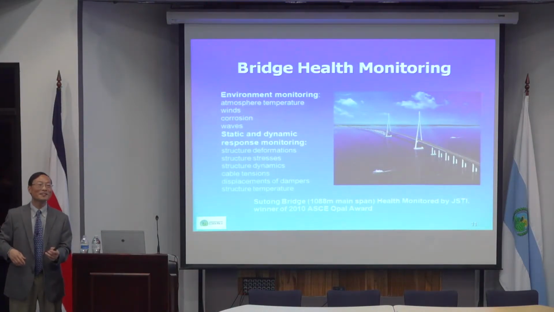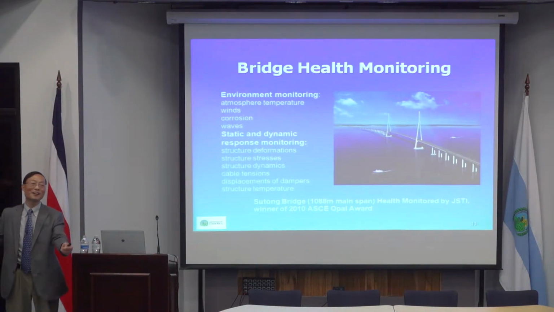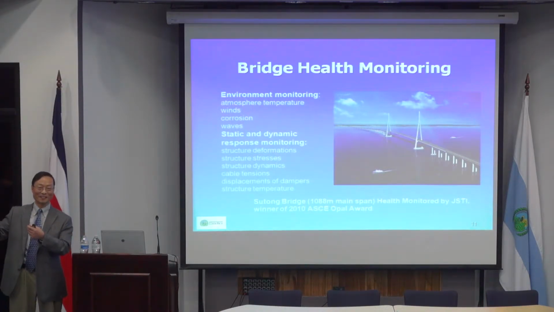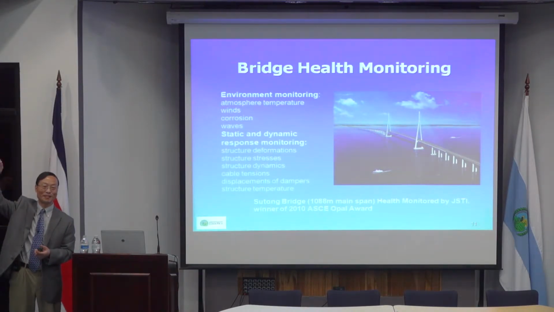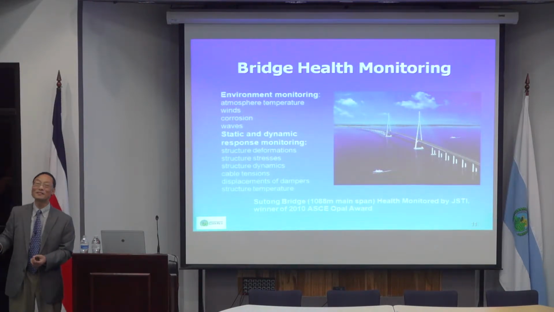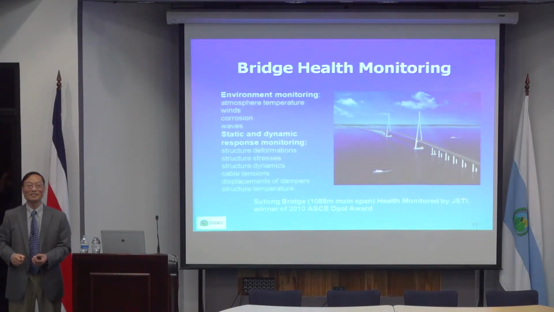Because every day the truck load or wind load is different, you get the outcome, but you don't know what truck is there or what the wind load is. So there's no meaning for you to tell if that bridge has a problem. For example, yesterday the maximum deflection was 20 centimeters. Today I got 21 centimeters. Is that a problem? Maybe not, because we just have more trucks simultaneously on that bridge than yesterday.